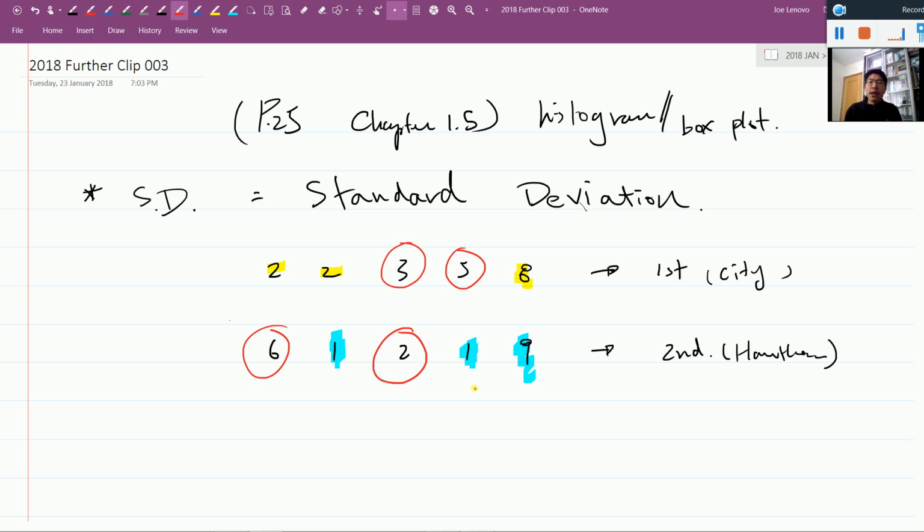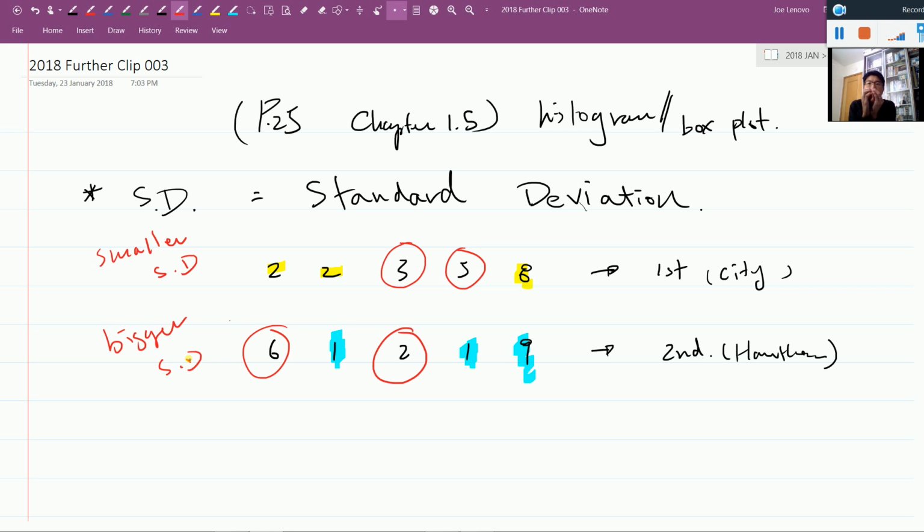So the one that is more compact will have a smaller standard deviation, while the one that is more spread out among each other would have a bigger standard deviation. So standard deviation is a way to describe how far apart those data entries are from each other.